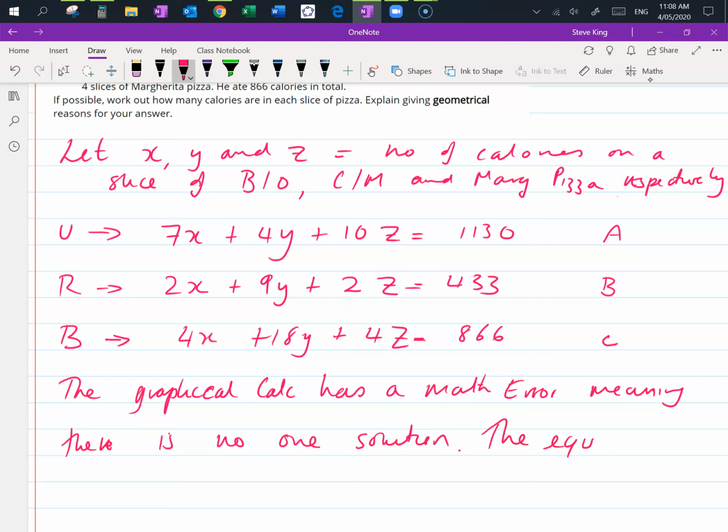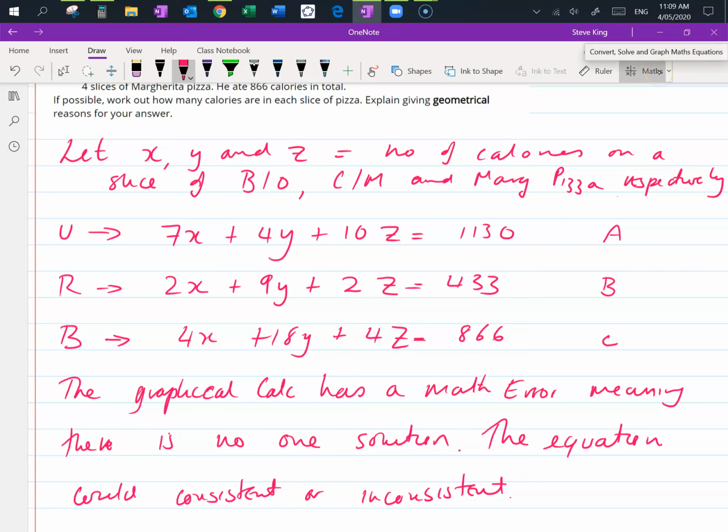The equations could be consistent or inconsistent. So that's the next experiment or thing that we're going to have to look at.